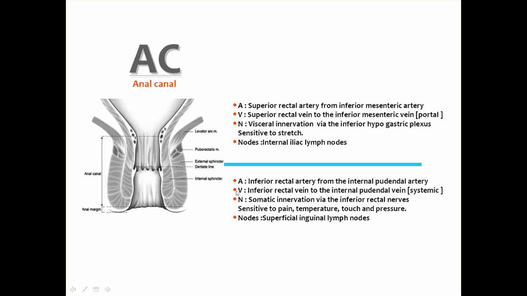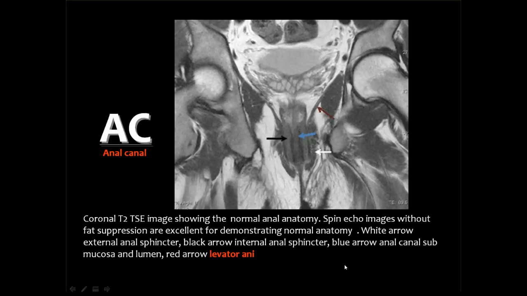The venous drainage is to the inferior rectal vein, which drains to the internal pudendal vein, a systemic venous drainage. The nerve supply is somatic innervation from the inferior rectal nerve, which is sensitive to pain, temperature, touch, and pressure. And the lymphatic drainage goes to the superficial inguinal lymph nodes.